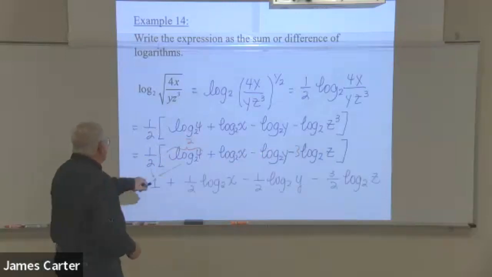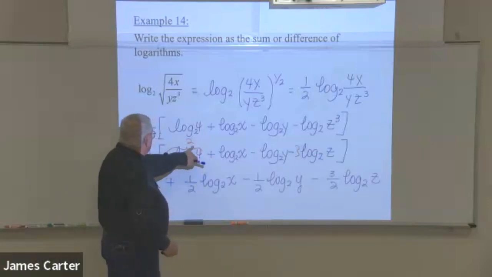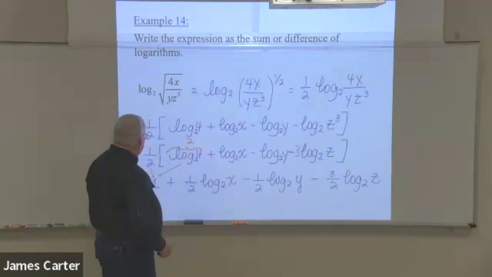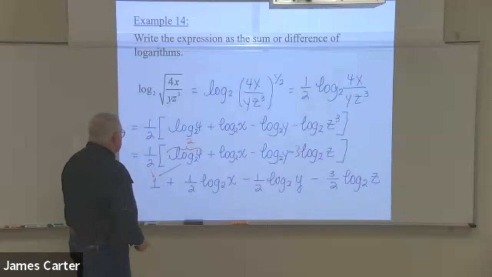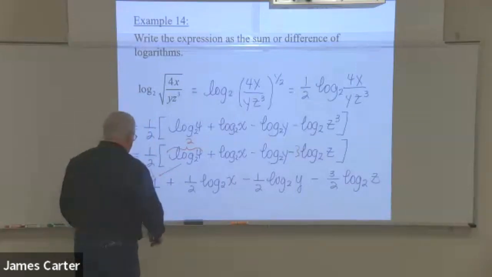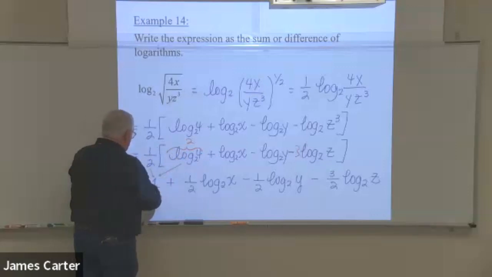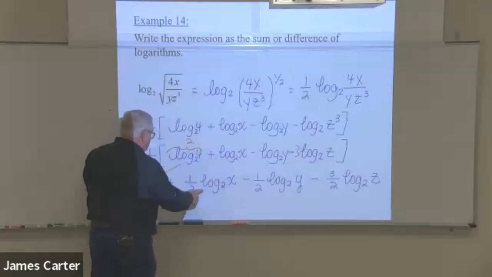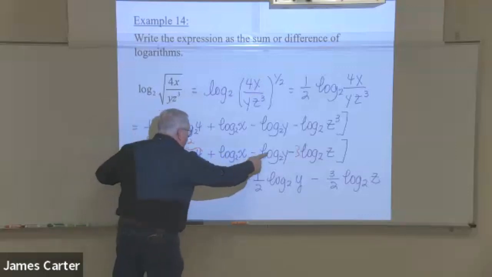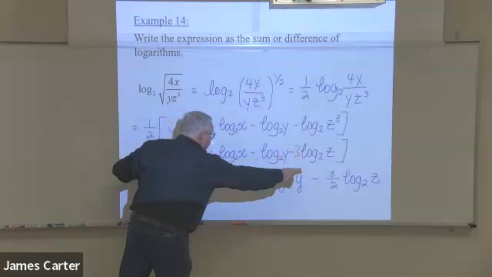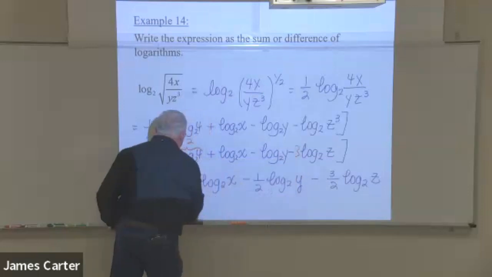Oh, by the way, log base 2 of 4 is just 2, okay? So what's happening here, this 1/2 times that 2 is where this 1 comes from. This 1/2 times this here, the 1/2 times this, and the 1/2 times that.